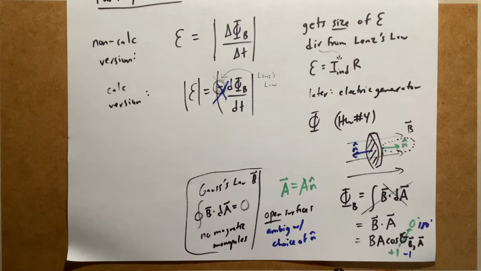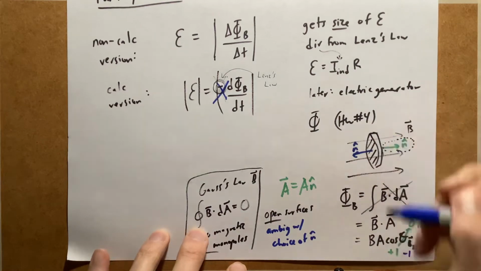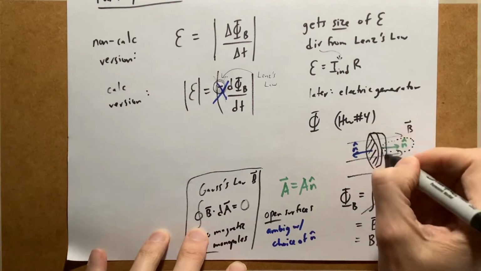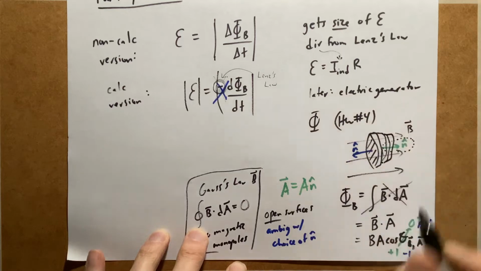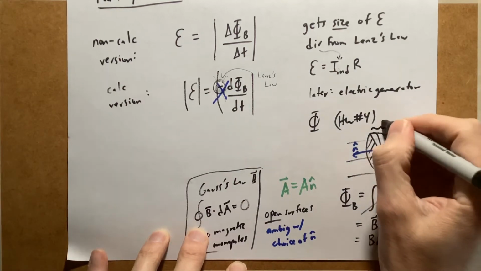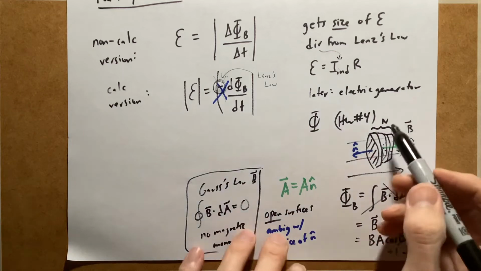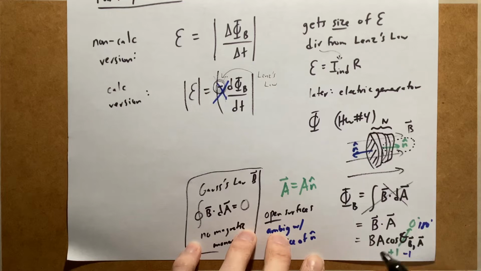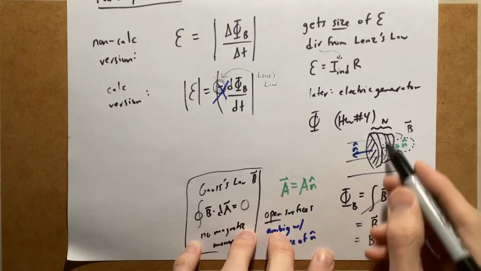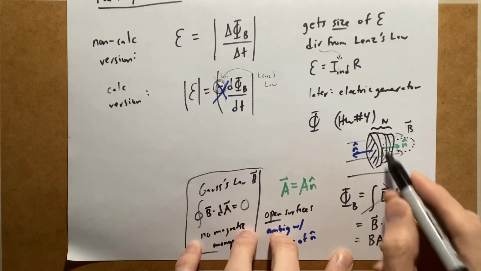And in that case, if we're going to put in a bunch of these, let me draw in a bunch of catchers all stacked on top of each other. And we have n of them. For this particular scenario, we can just multiply the flux through 1 by n.